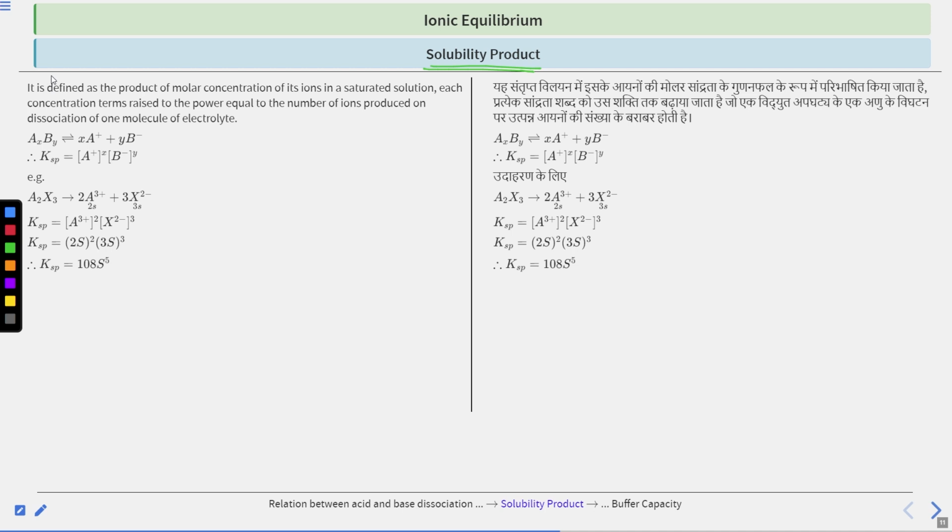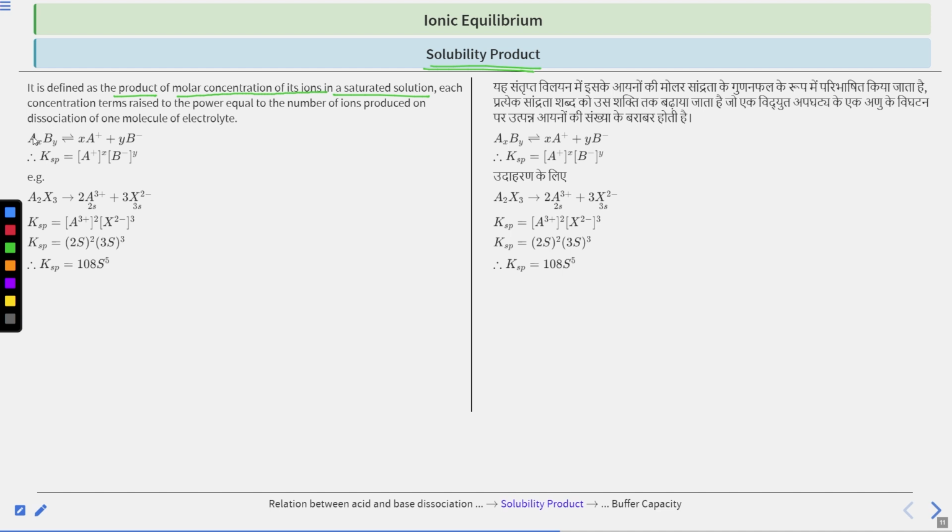The solubility product is defined as the product of molar concentrations of its ions in a saturated solution, each concentration term raised to the power equal to the number of ions produced on dissociation of one molecule of electrolyte.